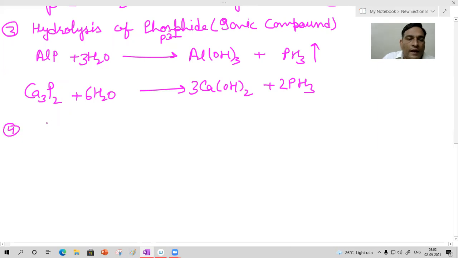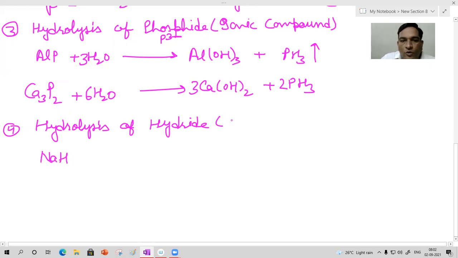Fourth, hydrolysis of hydrides. I am giving an example, sodium hydride. Hydride is also an ionic compound.